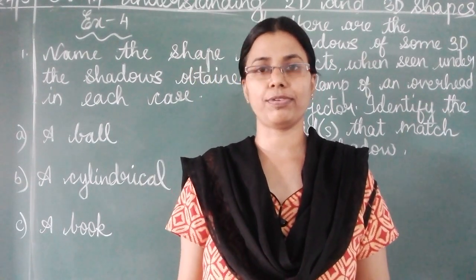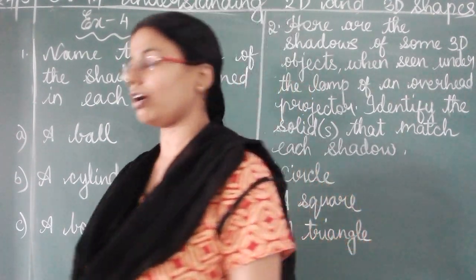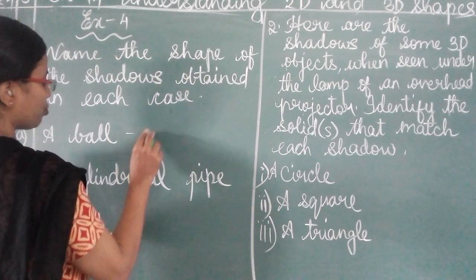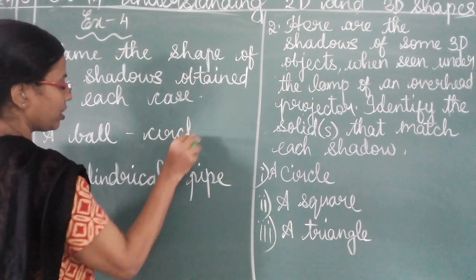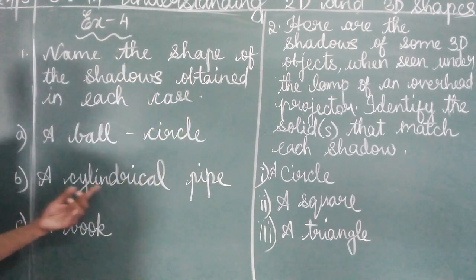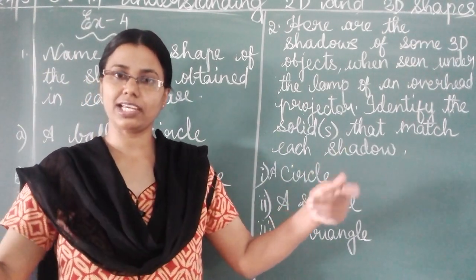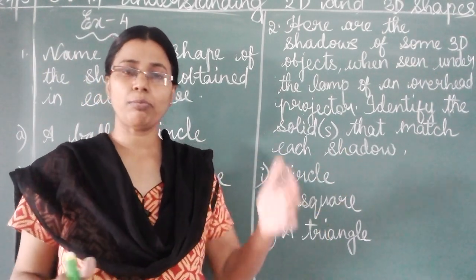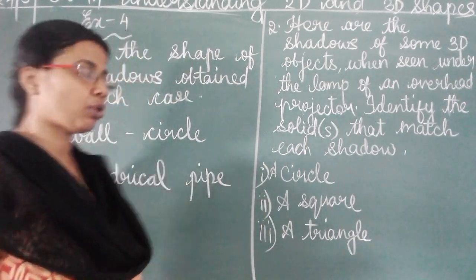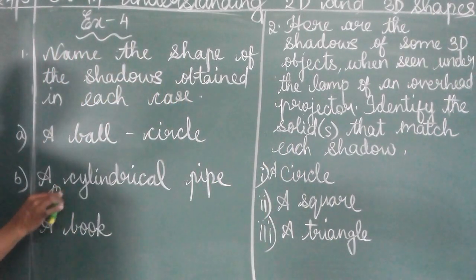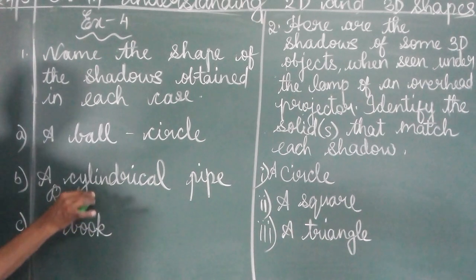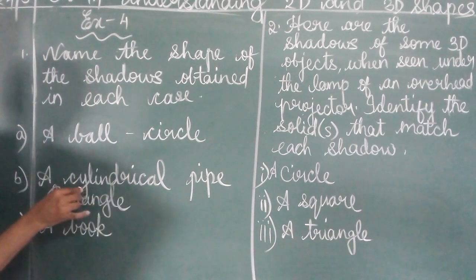The shadow is going to be a circle, a two-dimensional shape. The next one is a cylindrical pipe. When you see it as a shadow, it is going to appear like a rectangle.